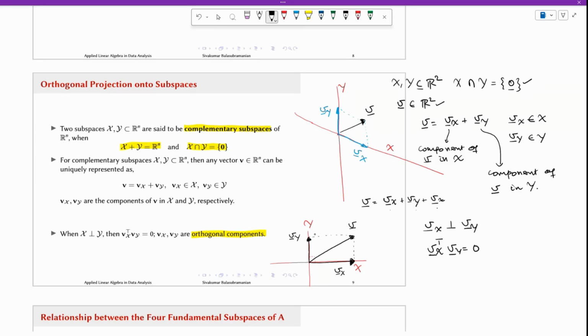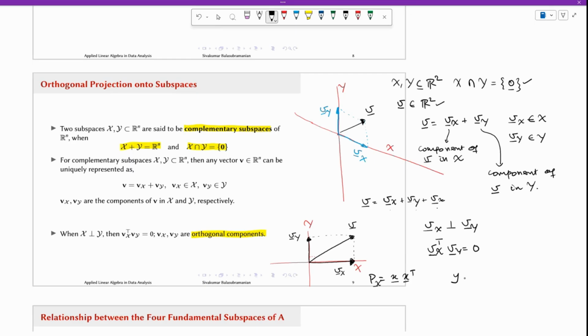So if you have a basis for Y, you can find Vy. If you have a basis for X, you can find Vx. How? Let's say I have a matrix X whose columns are an orthonormal basis for the X subspace. Well, I simply find the orthogonal projection matrix onto the subspace X, which is simply X X transpose.